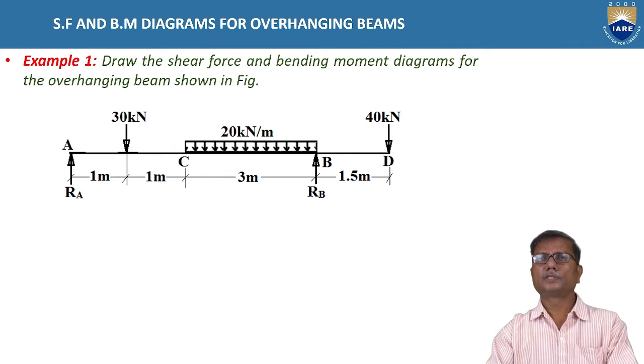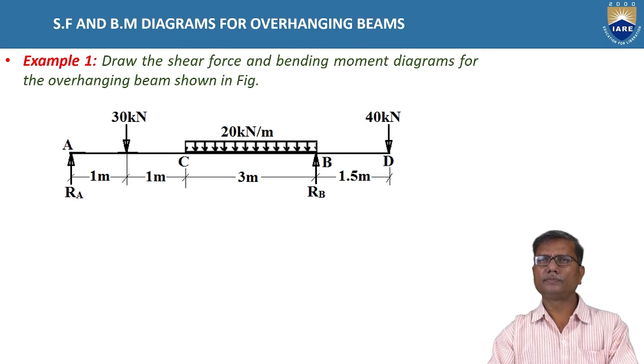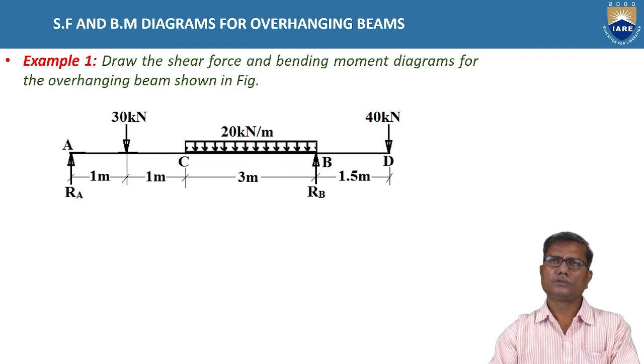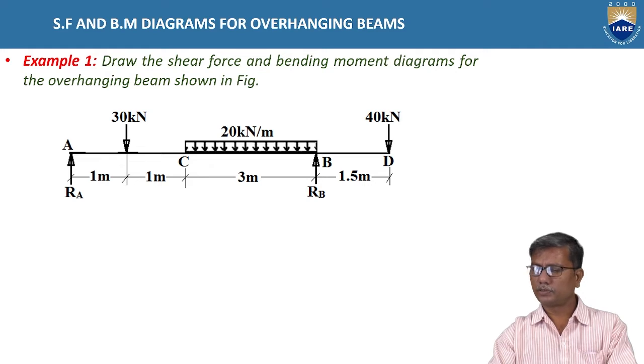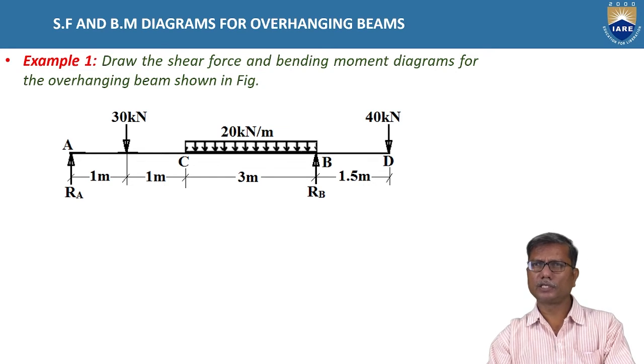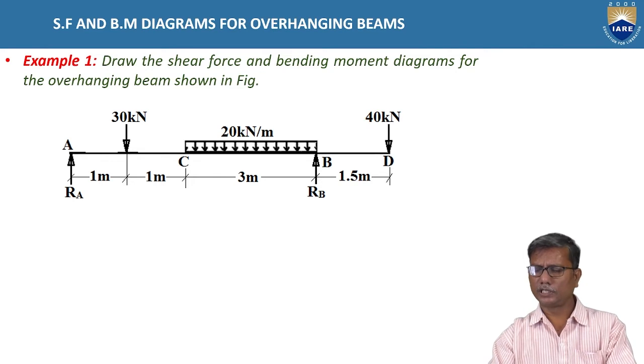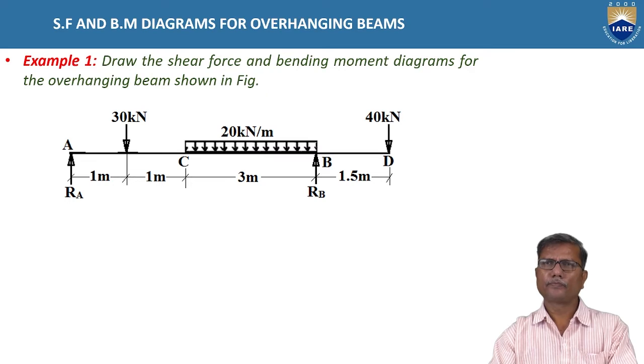Except for the cantilever beam, in determinate beams, we have to find the reactions first in simply supported or overhanging beams in order to draw the shear force or bending moment diagrams. That means to find the shear force or bending moment at any section, the reactions also need to be known, because they also contribute to the shear force.